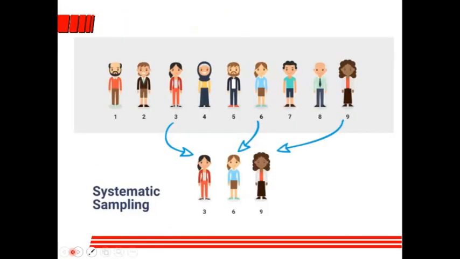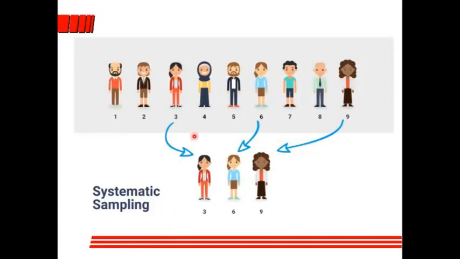Let's say naman dito, sa given natin, we have yung 9 na tao. Pero magkakaiba sila. Ito is lalaki, and babae, magkasama na siya. May mas bata, may mas matanda. For application ng systematic sampling, let's say, ang kukunin natin is yung every pangatlo. So, we have here 1, 2, 3.